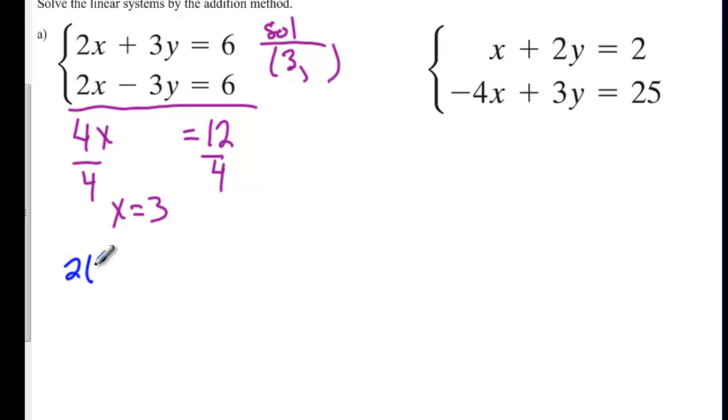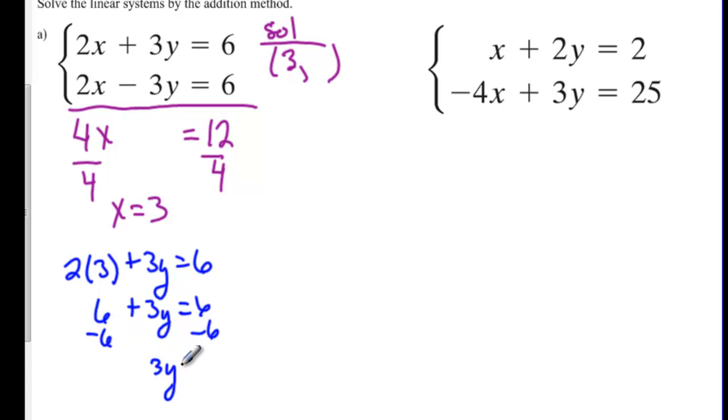So 2 times 3 plus 3y is 6. So 6 plus 3y is 6. Subtract 6. 3y is 0. So we get y is 0. So our solution for this system of equations is (3, 0). So at (3, 0), these lines cross each other.